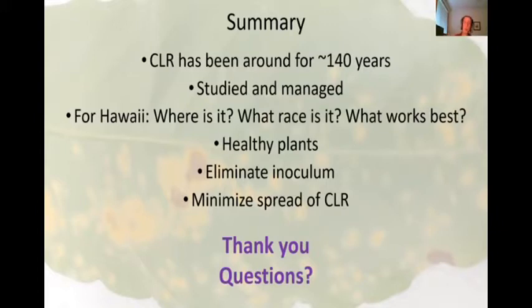The ultimate goal is to recognize it early, to help eliminate inoculum and minimize the spread. So collectively working together, we can determine the environmental conditions and the various microclimates, temperature, rainfall that occur here, and what it means for the disease cycle as it progresses. So I thank you very much for your time, and I'm happy to answer any question.